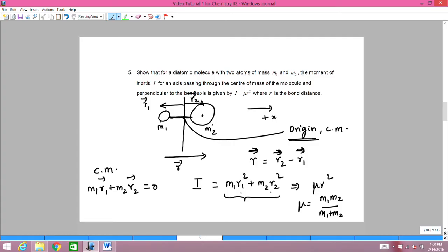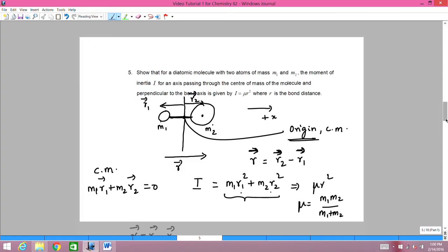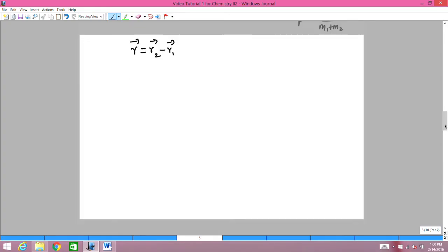With this, you have to do a simple substitution and get the answer. Let me write that down. Okay. So, what you do is, given the fact that r is r2 minus r1, yes. Let us write r2 is equal to r plus r1.